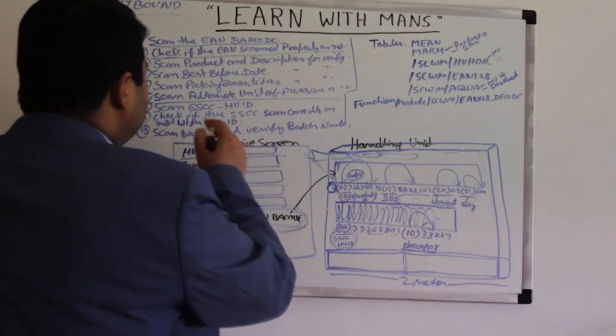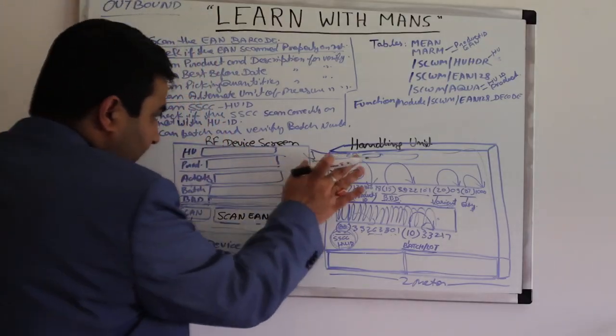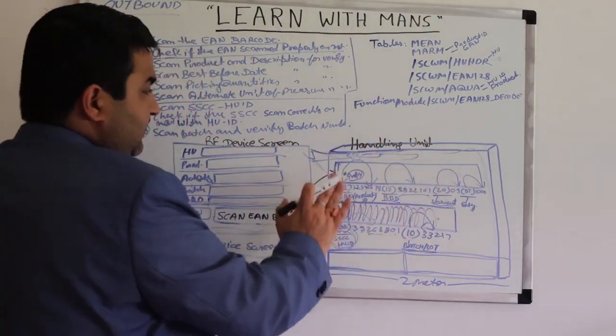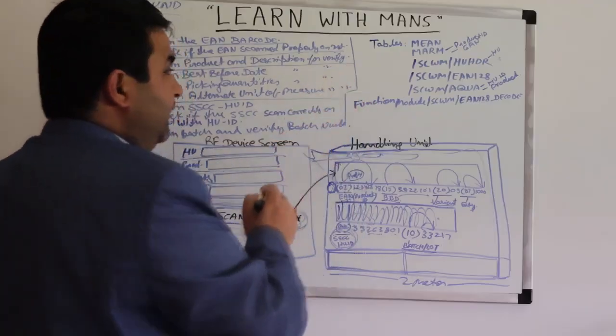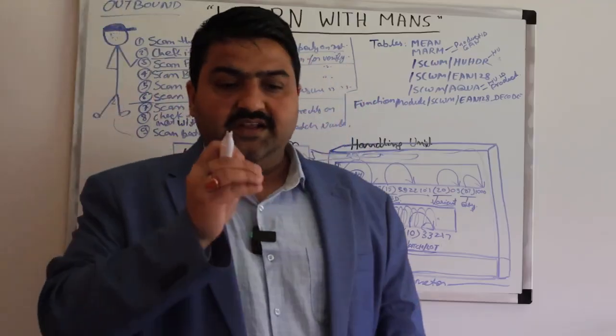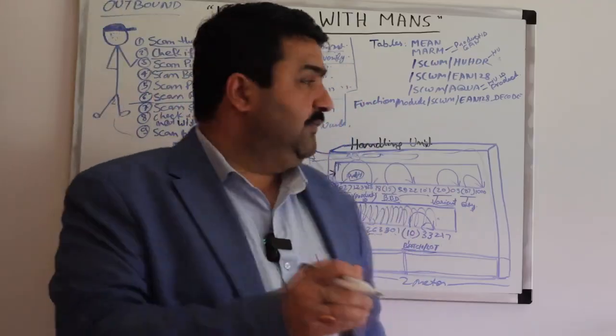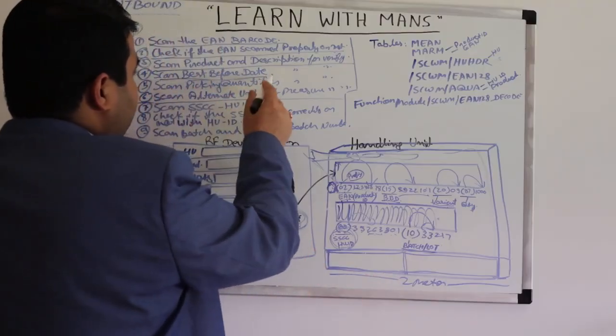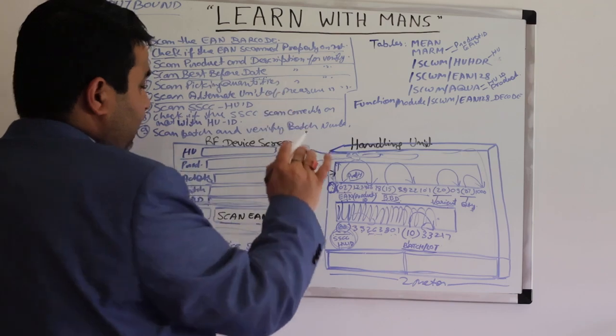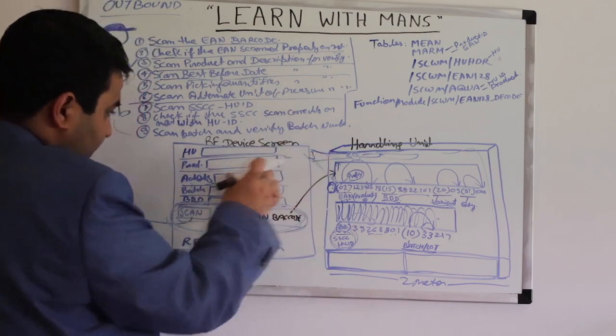So after he verifies, okay, I have scanned the EAN successfully, then he will scan the product and description, because the handling unit contains the product, right? If there is best before, then he will scan the best before date and verify it on the RF screen.